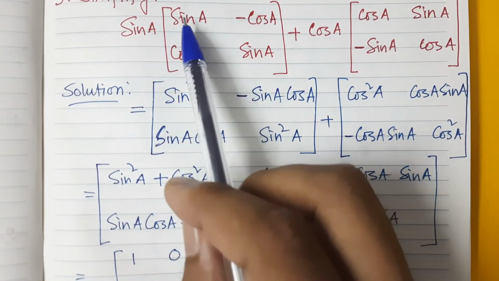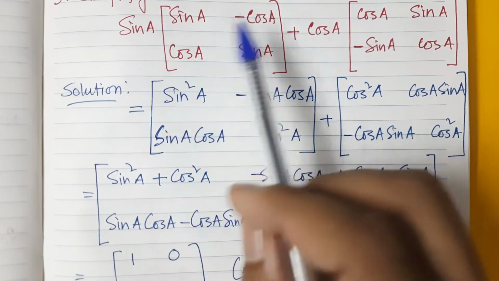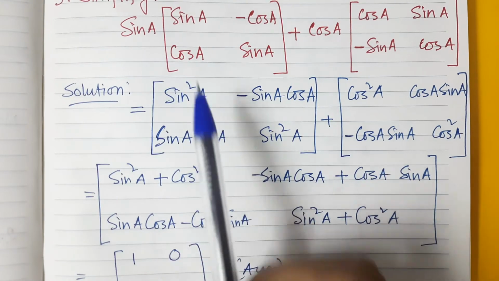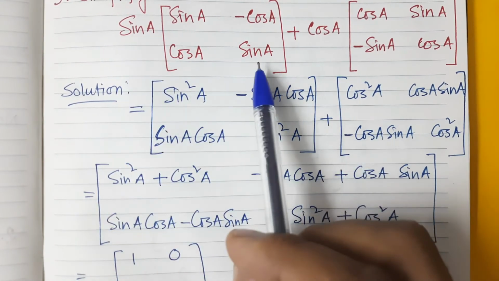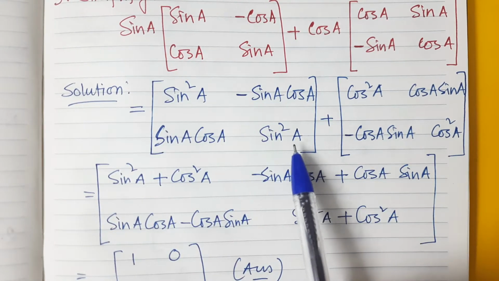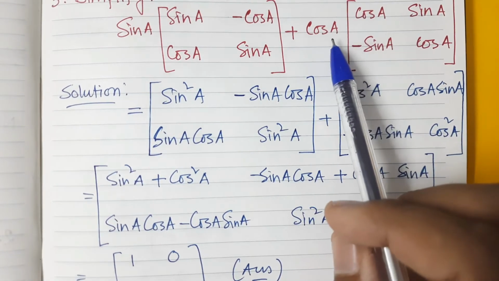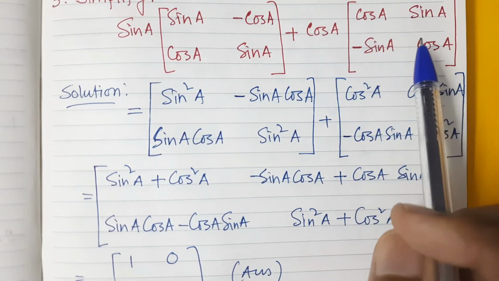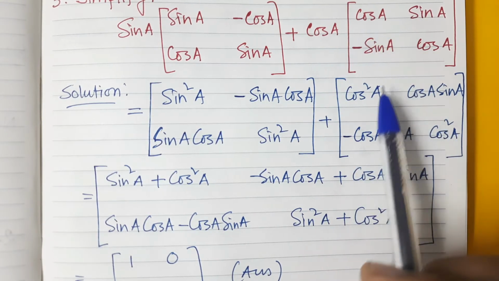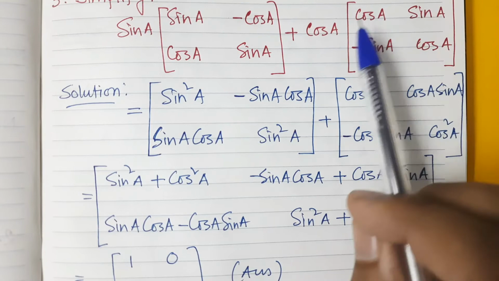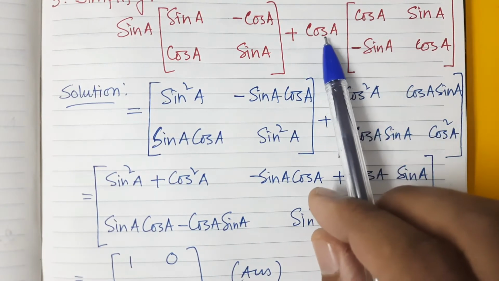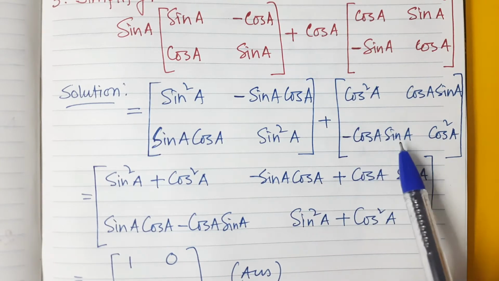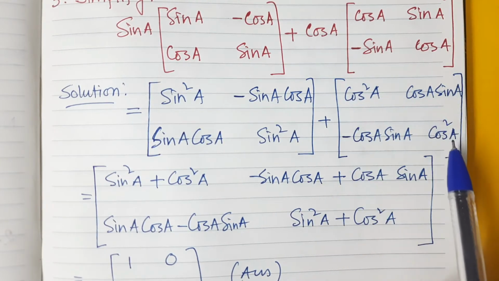That means sin A into sin A, that is sin square A, sin A into minus cos A, that is minus sin A cos A, sin A into cos A, that is this, and sin A into sin A, again sin square A. Similarly this cos A has to be multiplied with every element of this matrix. So cos A into cos A, that is cos square A, cos A into sin A, cos A into minus of sin A, so minus cos A sin A, and then finally cos square A.